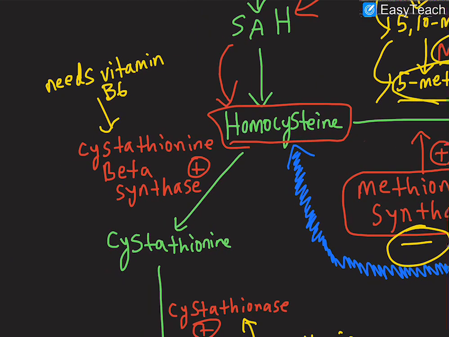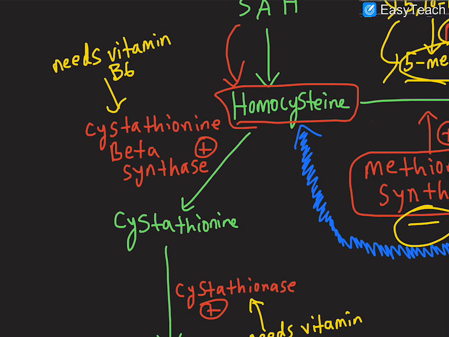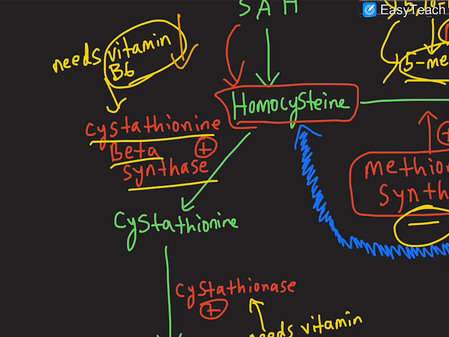Okay, let's talk about the transsulfuration pathway, which is another fate of homocysteine. In the transsulfuration pathway, homocysteine gets converted into cystathionine, but it needs an enzyme to do this called cystathionine beta synthase. Cystathionine beta synthase cannot function without vitamin B6. So if you're deficient in vitamin B6, this enzyme will not be able to function.